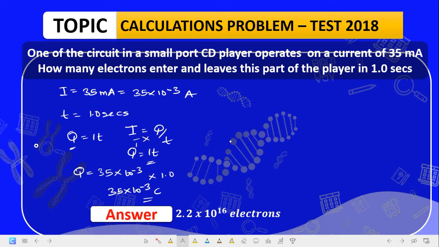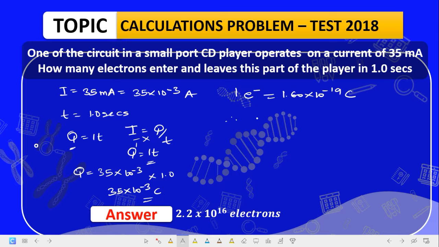Now, we are to find the number of electrons. We know that one electron has a charge of 1.60 times 10 raised to the power of minus 19 coulomb.